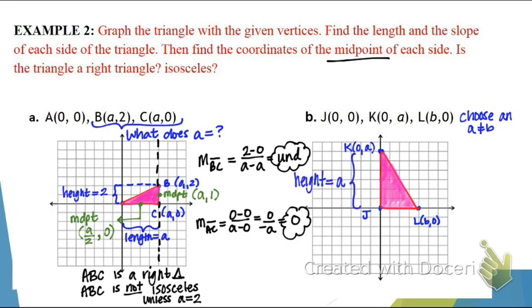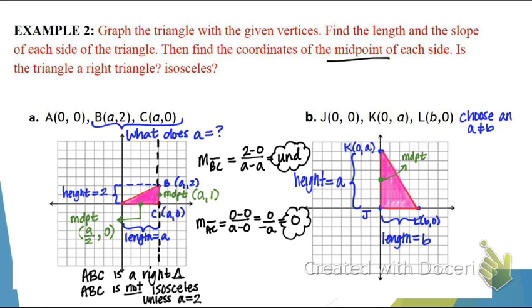Notice that the height of this triangle has to be a, because that is the y coordinate for K, so it's a spaces up. And the length of this triangle has to be b, because that is the x coordinate of point L. So again, I can use the picture to help me find the midpoint. Notice that the midpoint is halfway up, but still has an x value of 0.